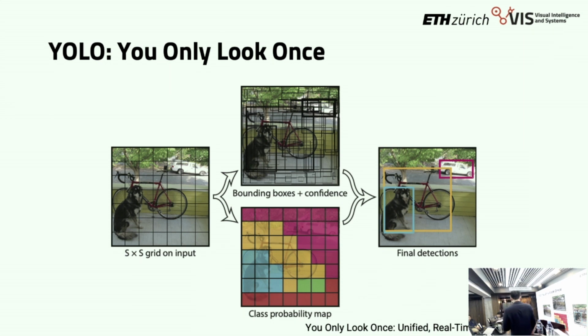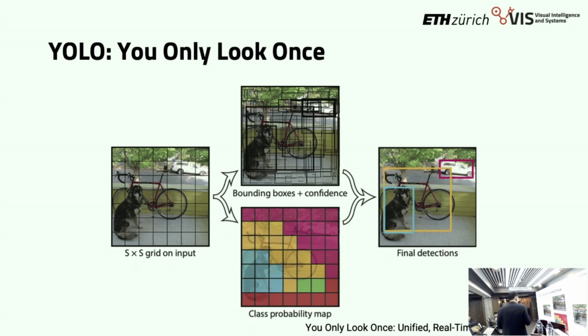But of course, people have been trying to do this only once, which is called YOLO. Basically, you only look once. So the model is actually simpler here. Given an image, similar to the previous case, we will first extract the features based on certain downsampling, like downsampling the feature resolution by 16 or something.